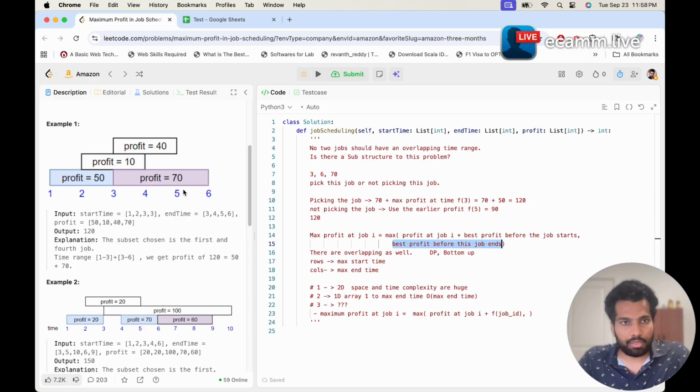This job 3 comma 6 is ending at 6, so it's like asking what is the profit of the earlier 3 jobs. It's like saying f of i minus 1.